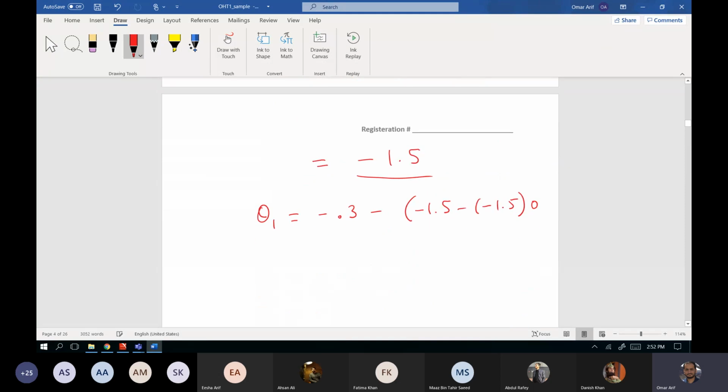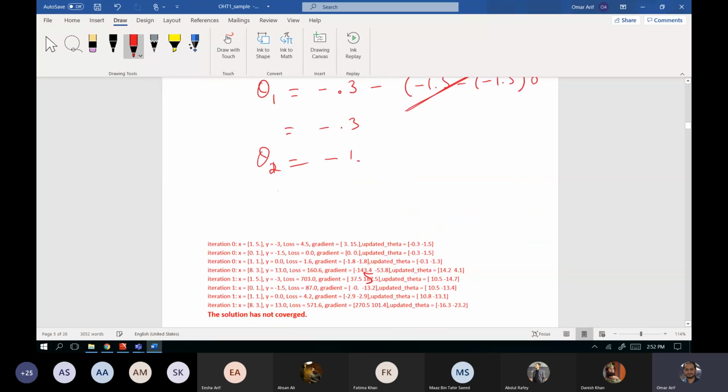So this all goes to 0, and I am still at minus 0.3. Similarly, theta 2 will also remain the same, because this part is 0. Theta 2 will also remain minus 1.5. So after the second training example, theta will remain minus 0.3 and minus 1.5.